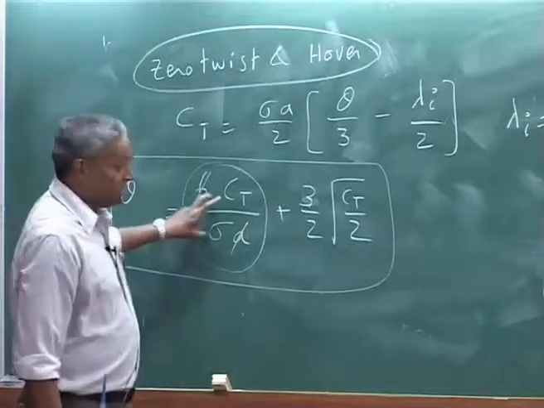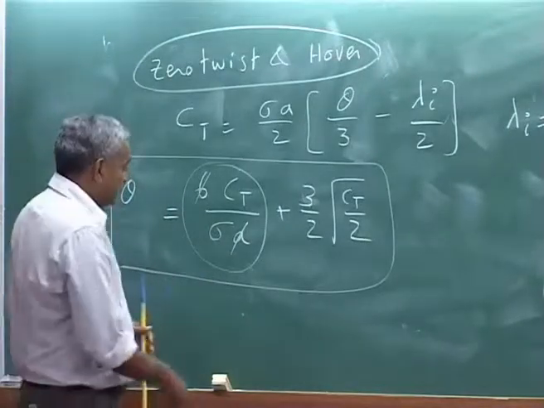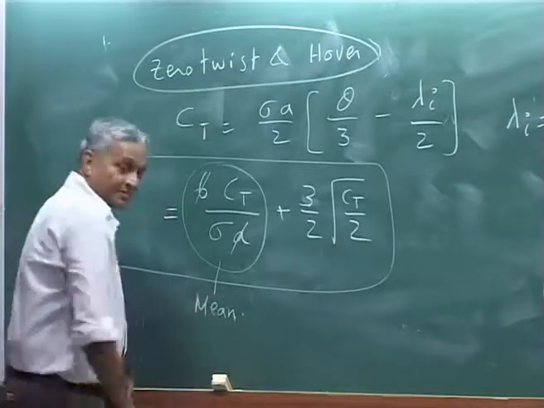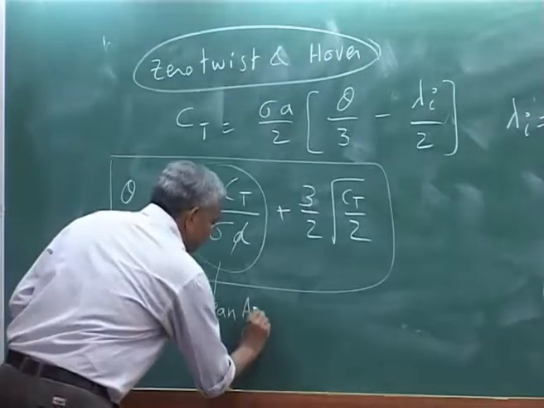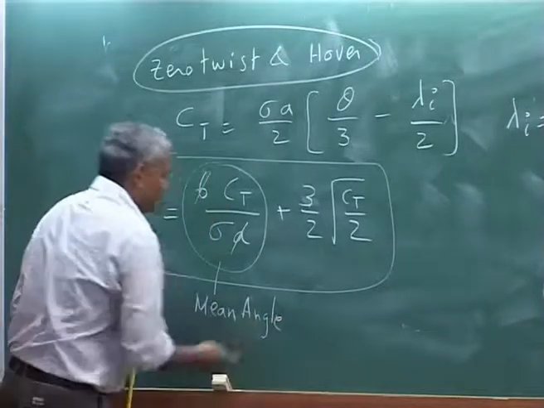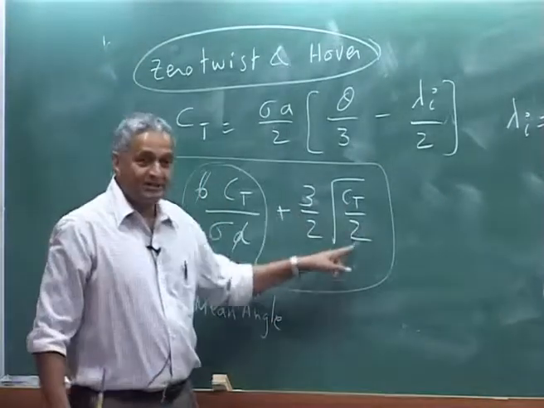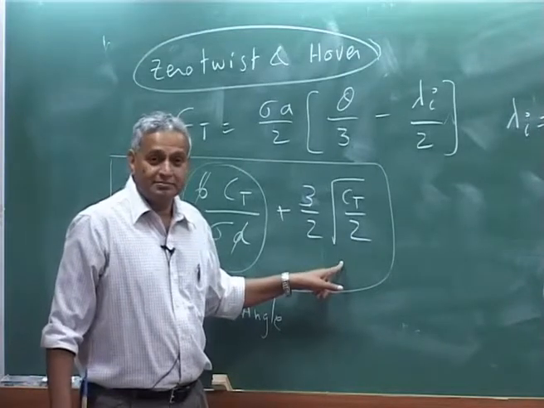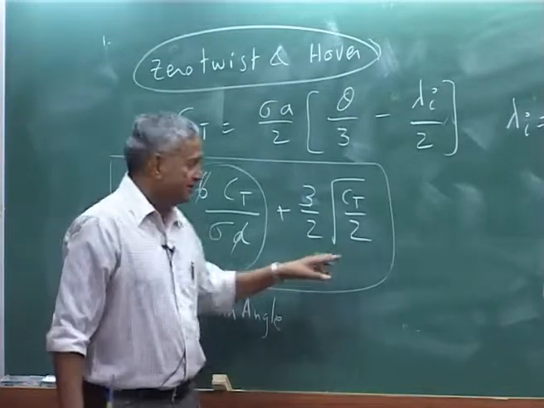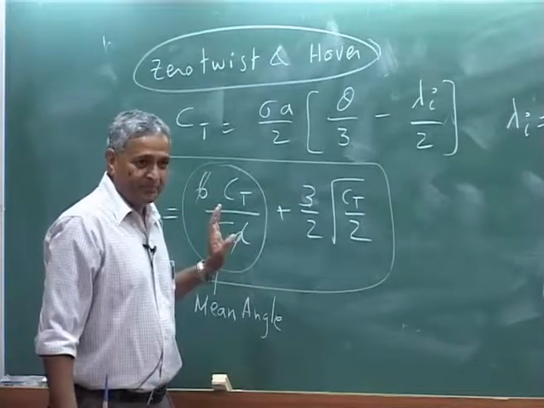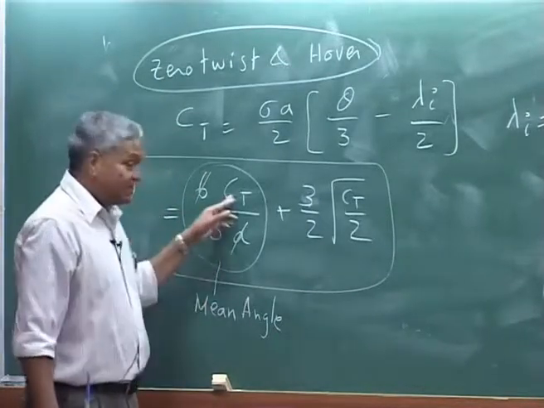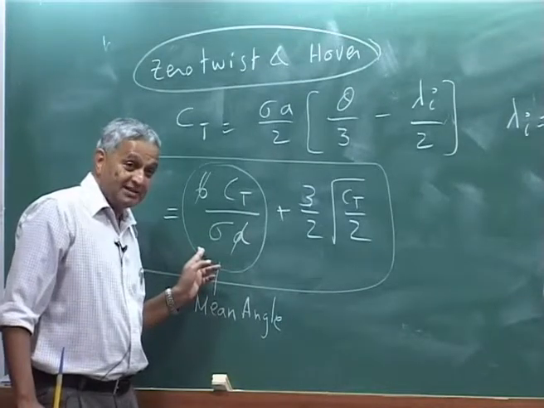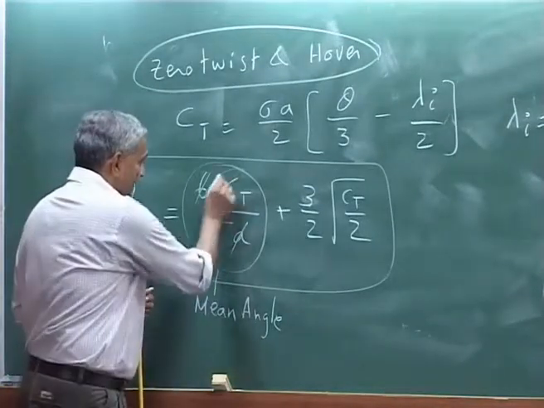Now, Ct by sigma, this is the mean angle, and this is the term due to variation because of the inflow, there is a change.